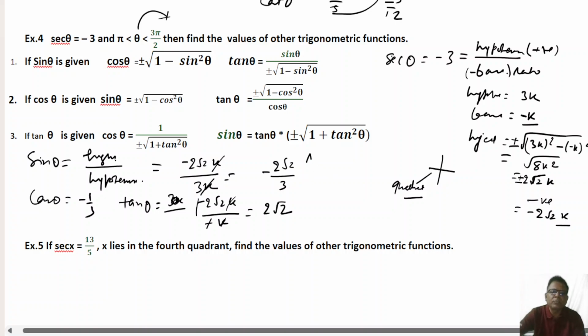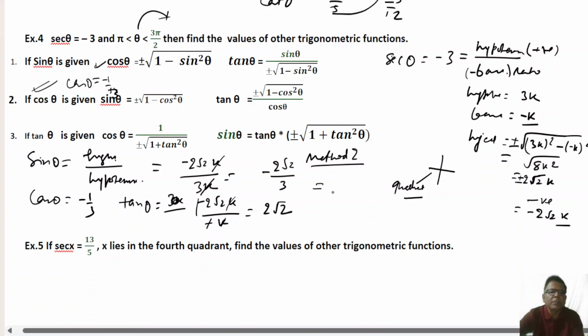And second, method 2. What is method 2? You can use this formula. So what do you take, plus or minus? Since it is in the third quadrant, cos is negative, so you will take negative. Here it is given minus 3, so cos theta will be minus 1 by 3.